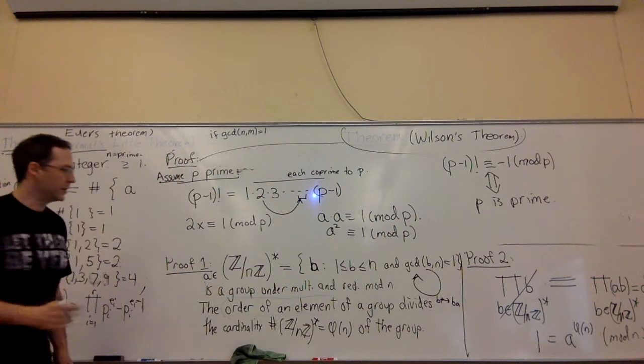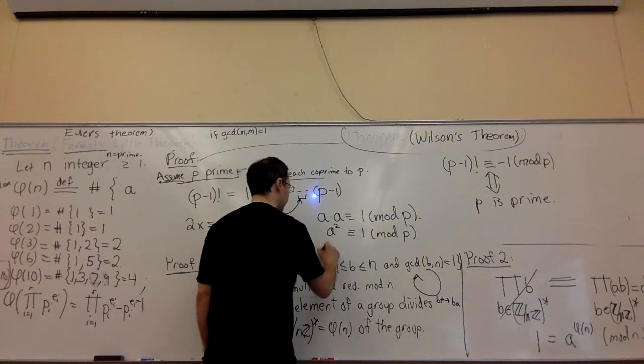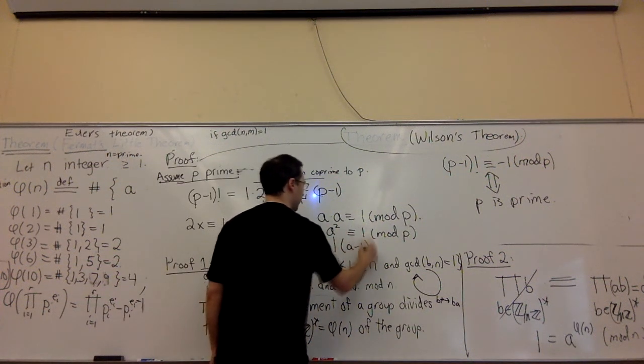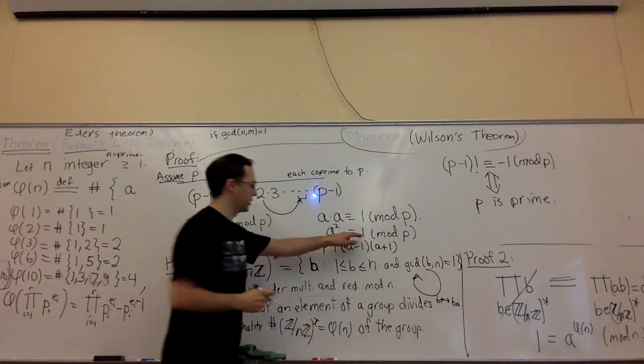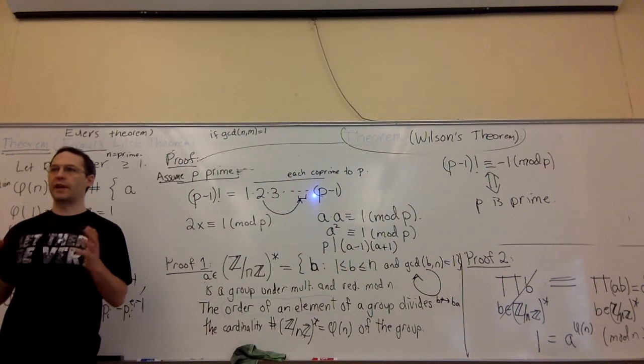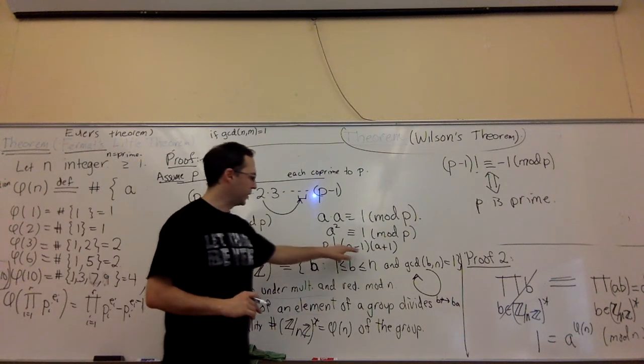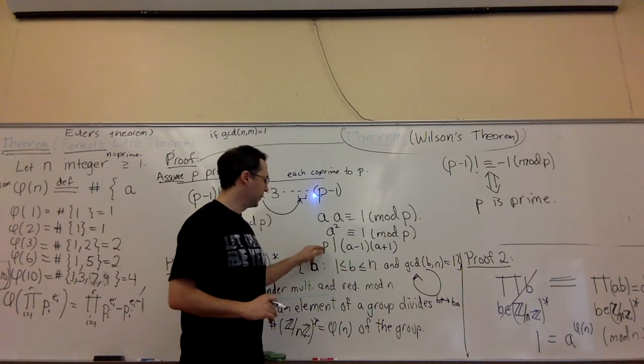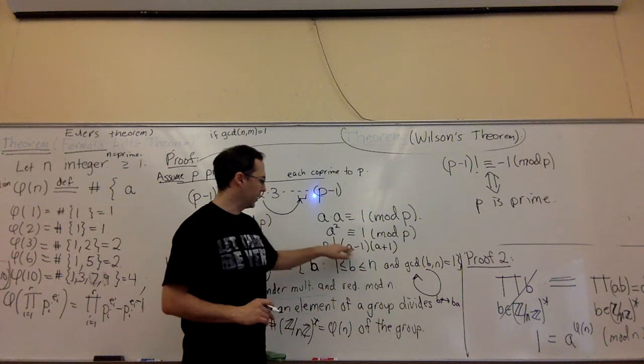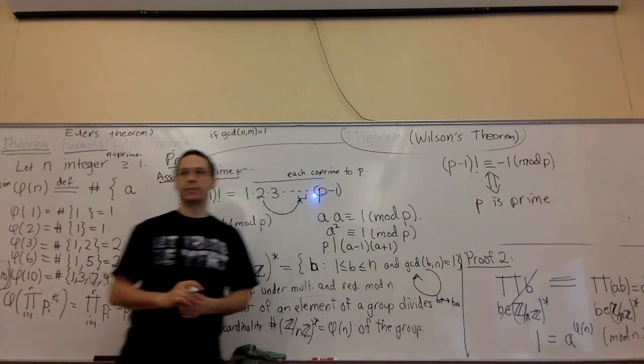And that means that p divides a minus 1 times a plus 1. I just subtracted 1 from both sides, factored it, and then used the definition of congruence. p is a prime, so if p divides a minus 1 times a plus 1, p divides one or the other, which means that either a is 1 or a is minus 1, mod p.